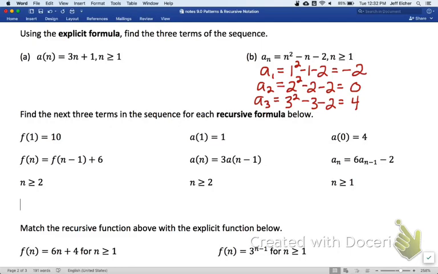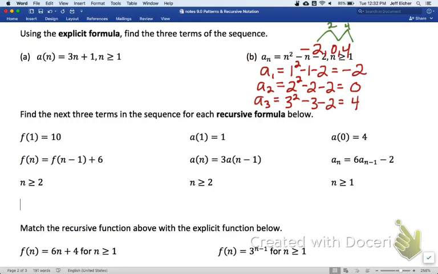So our sequence would be negative 2, 0, 4. Notice that these don't differ by the same amount. Between these two numbers you're adding 2, but then between these you're adding 4. So that's not going to be a linear function.